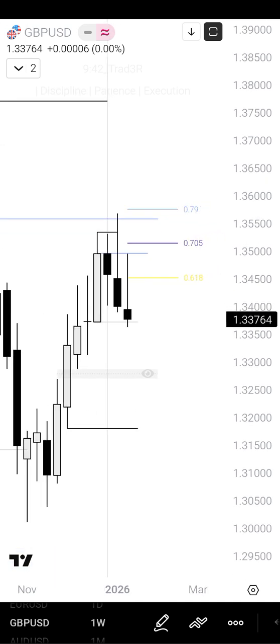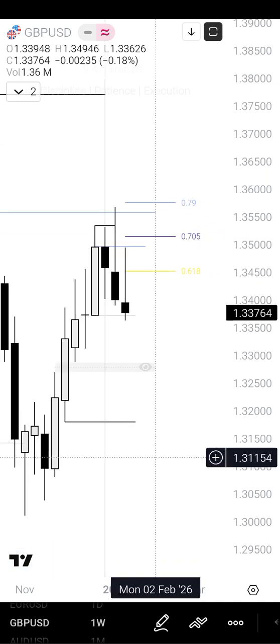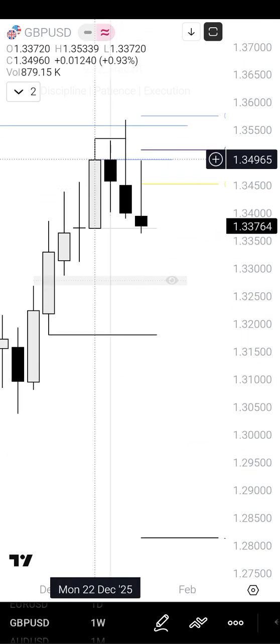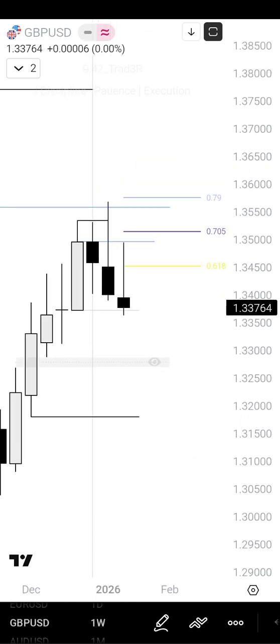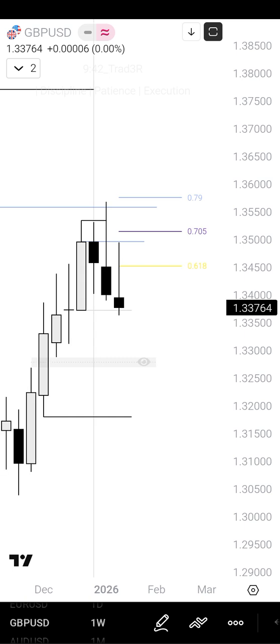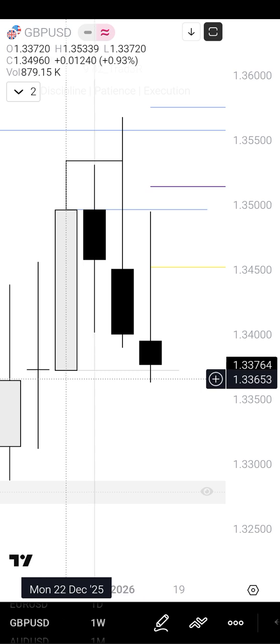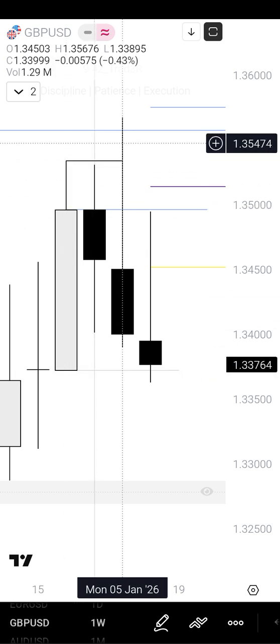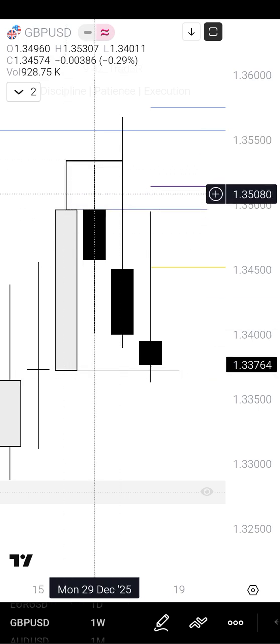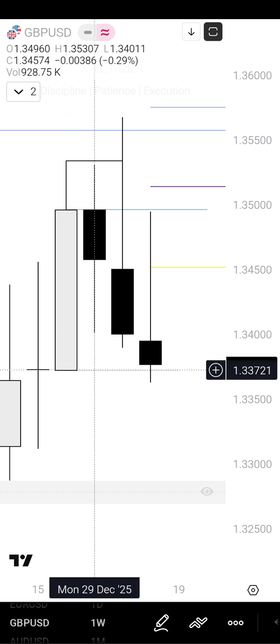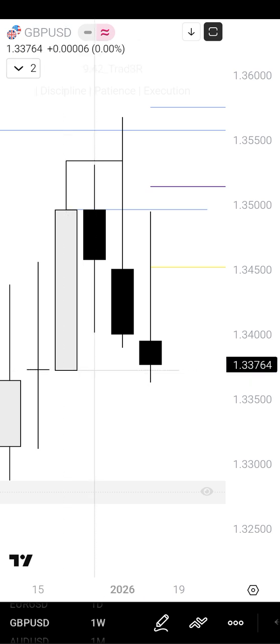Going on to last week's price action, I marked out this weekly rejection block here as my weekly key level to engage price back to the weekly range low. You can see it took the range high after we had this inside bar CRT pattern. It took the range high, closed back aggressively inside of the range, and we were almost close to the lows of the weekly range.